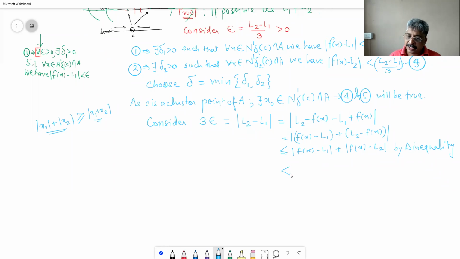So now it is strict inequality, less than epsilon, and this is also strictly less than epsilon. Yes or no? What we get in the end is that 3 epsilon is strictly less than 2 epsilon and epsilon is greater than 0.